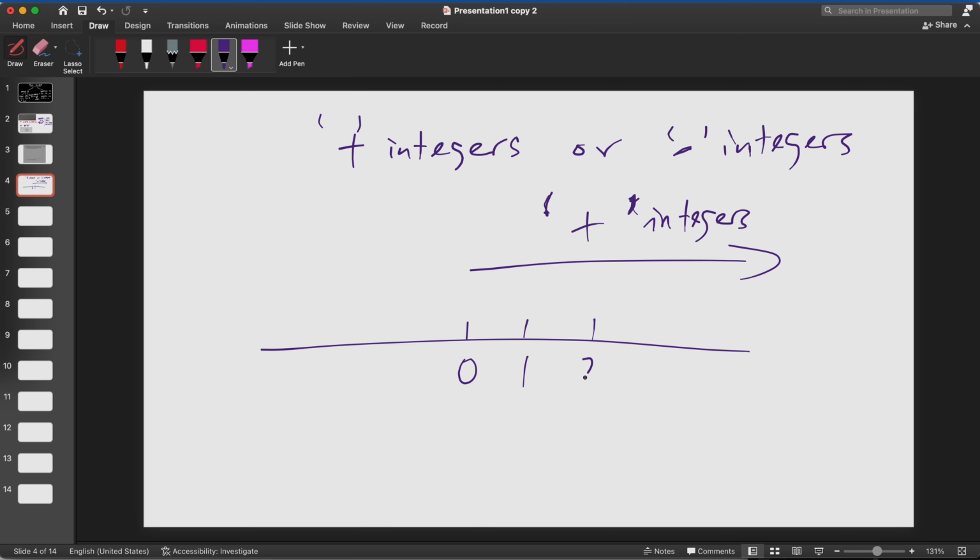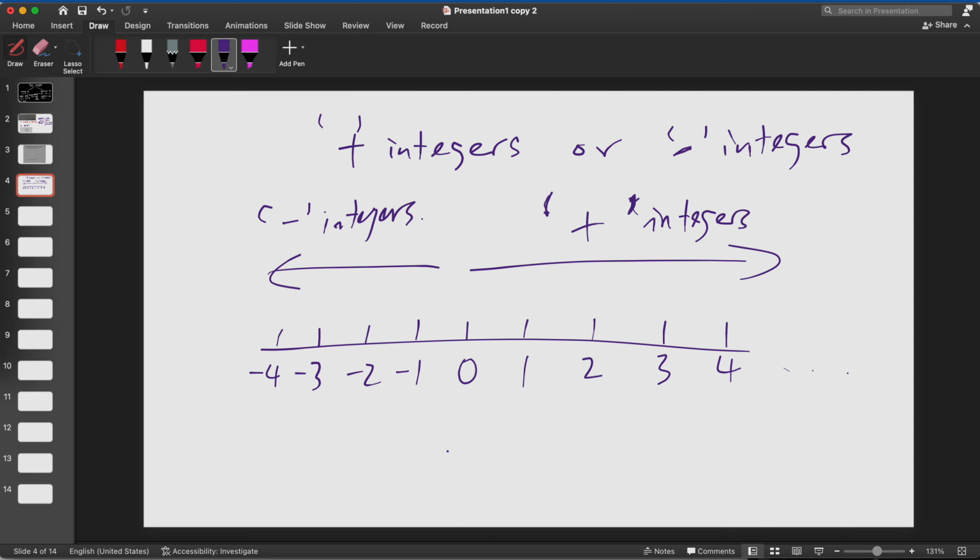You have the 1, and then 2, 3, and 4, and so on and so forth. All right. And then to the left hand side of your zero, you have the negative integers. So next to zero is -1, -2, -3, -4. So hopefully this clarifies your confusion when it comes to integer, both the positive integers or the negative integers.